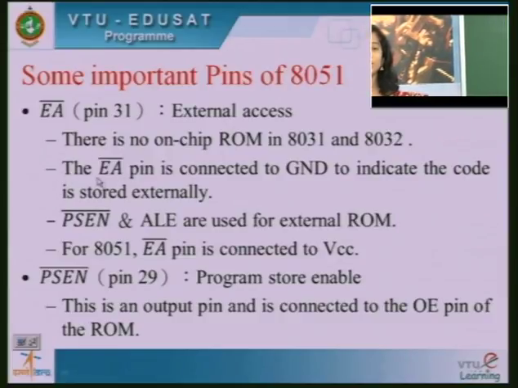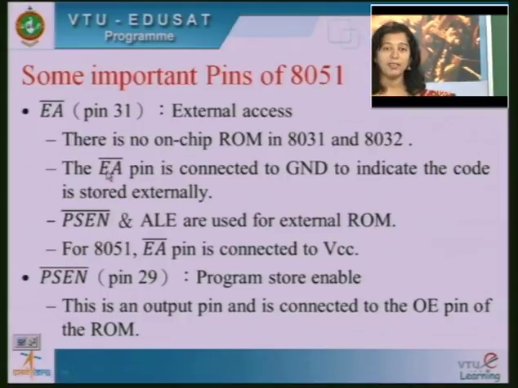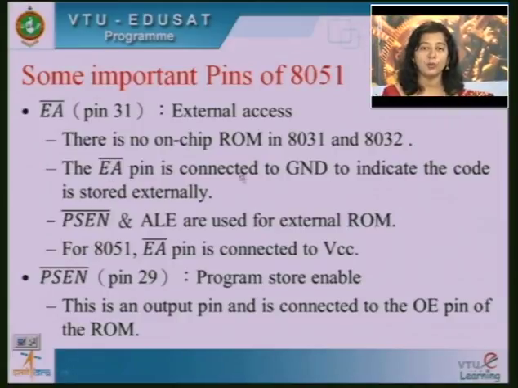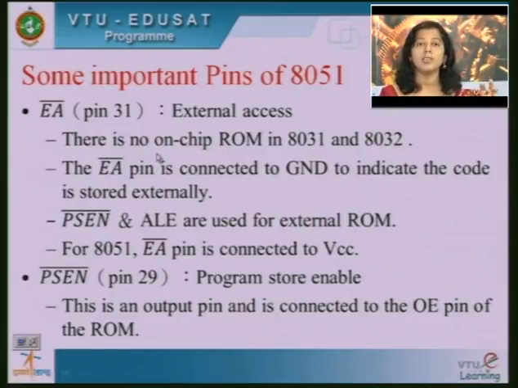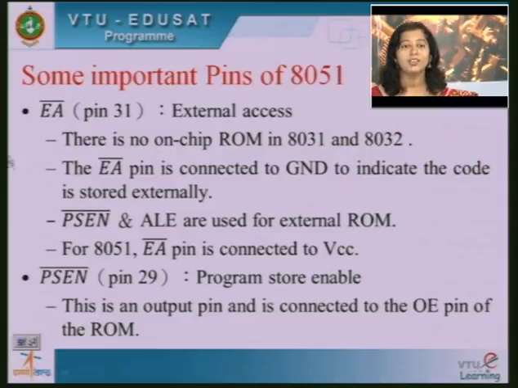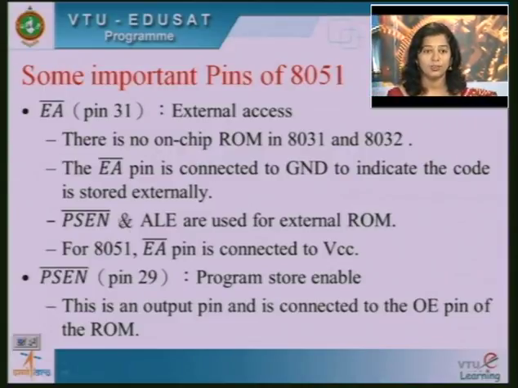In these versions, this EA bar pin is always connected to ground to indicate that code is stored externally. There is no on-chip memory in that 8031. So you should always have external memory where the program or code will be saved. So it should always be connected to ground.